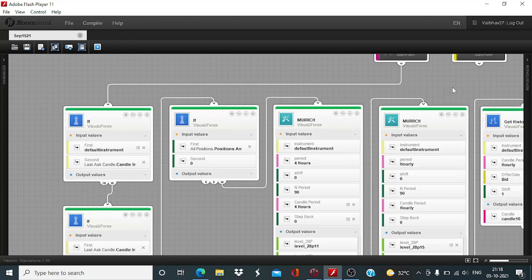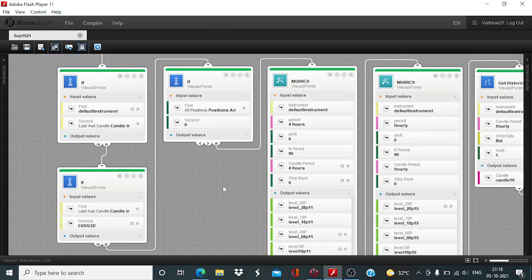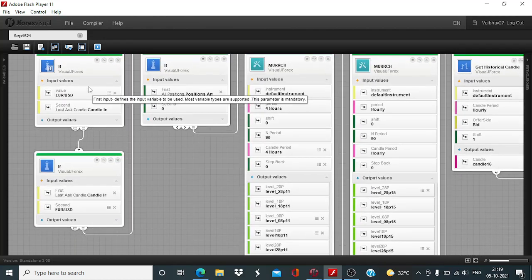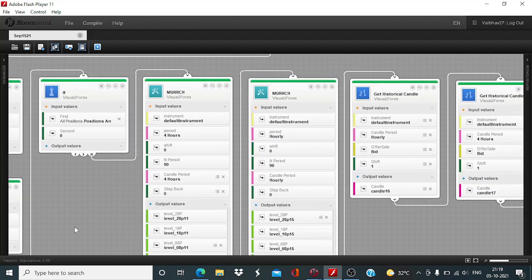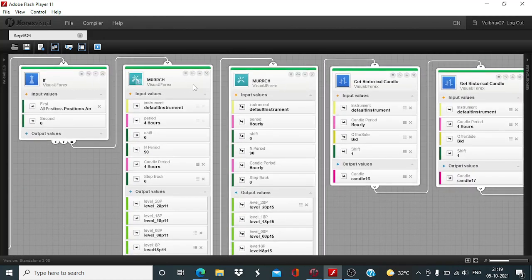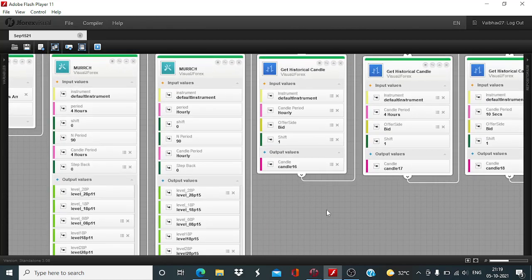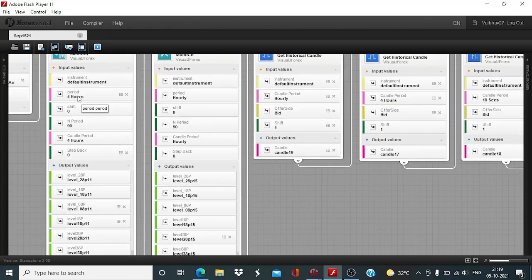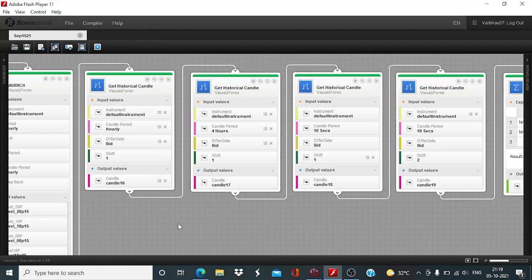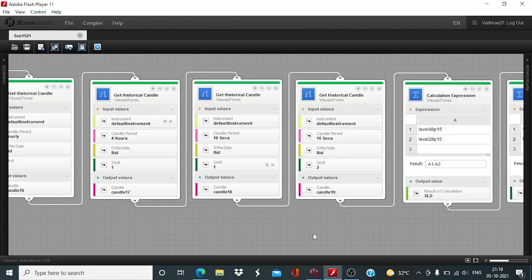In the last two sessions, the development so far included this instrument subscription where we are using the Euro USD as the default instrument. After that, these Murray channel blocks were added. First one is of 4 hourly candle period, whereas the second one is hourly. And to look at the price volatility, we are also relying on these get historical candles of varying time period, hourly, 4 hourly, and 10 seconds as well.